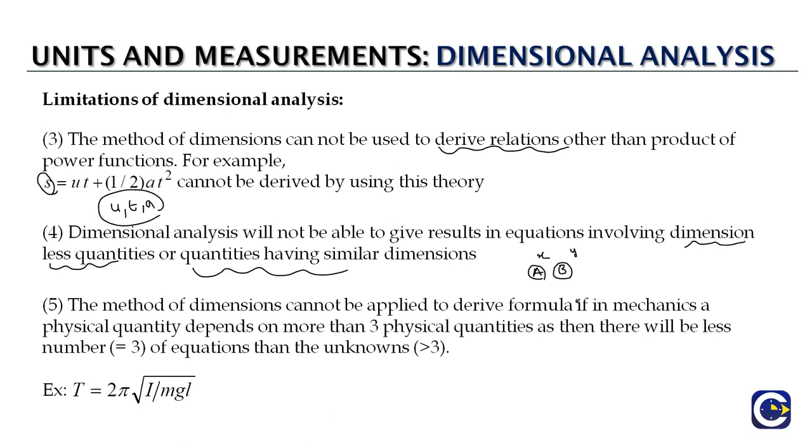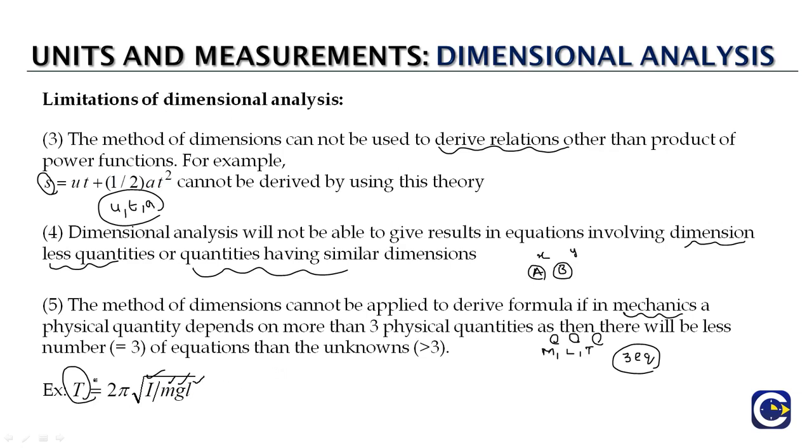The last limitation is that when we derive the relation between physical quantities, if we are confining ourselves to mechanics, we will mainly have the dimensions M, L, T. So the powers there will give us only 3 equations. Consider the time period of a rotating body, which depends upon the moment of inertia, the mass of the body, acceleration due to gravity, and length.